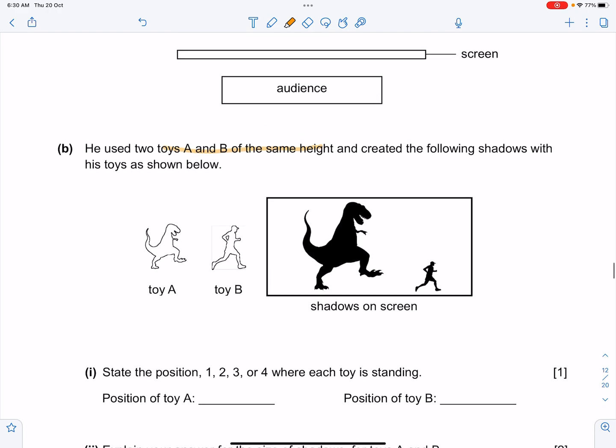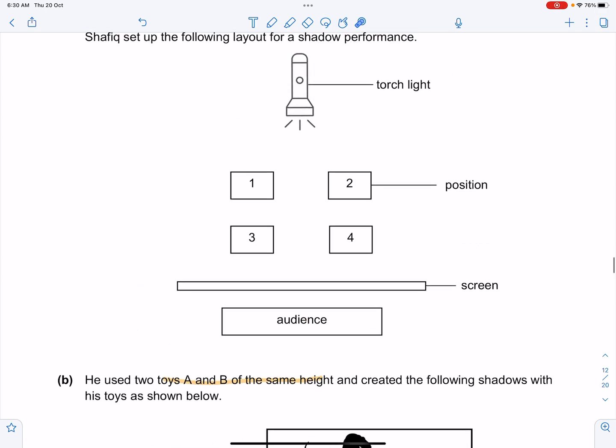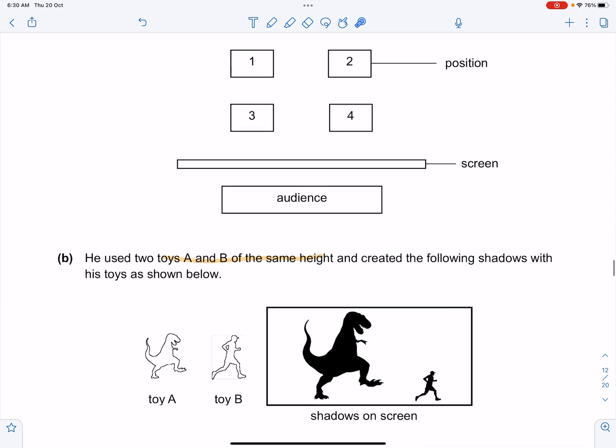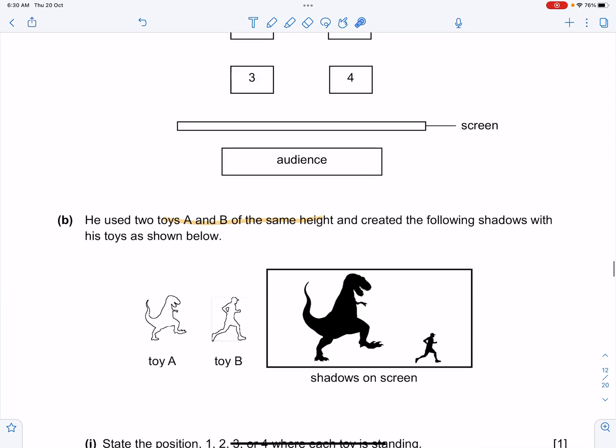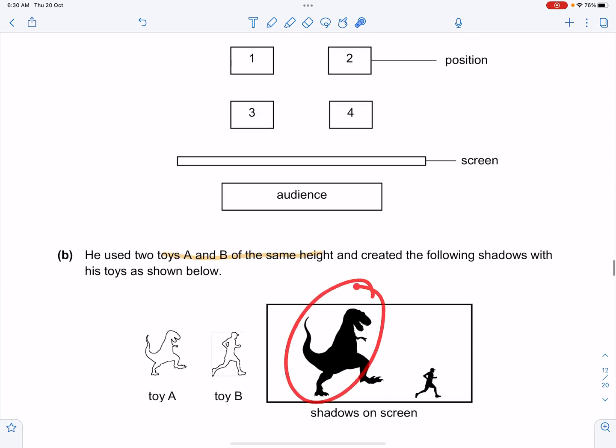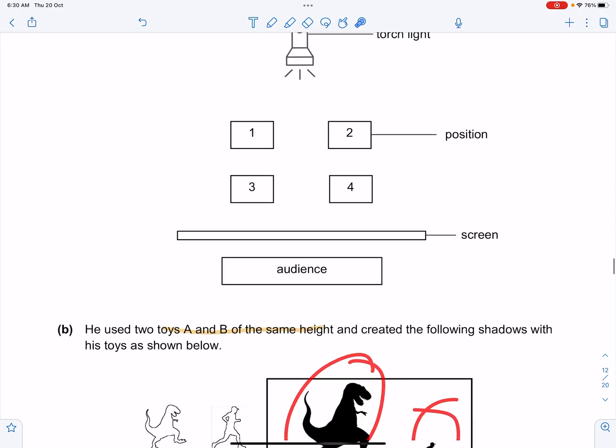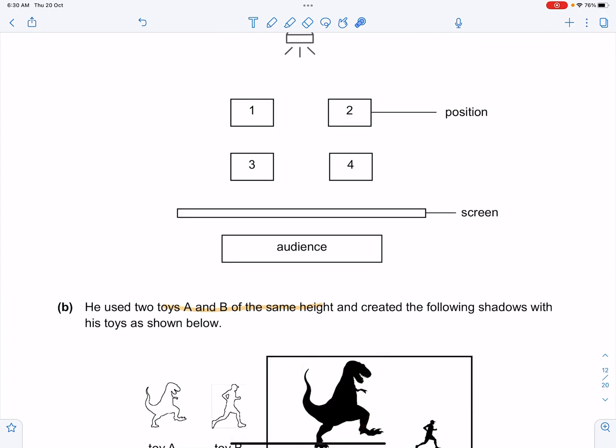So position of toy A, because its shadow is bigger, that means I know that my toy A needs to be closer to the light, right? In this case, because of the left and right side, I know that it is on the left side. It needs to be closest to the light.